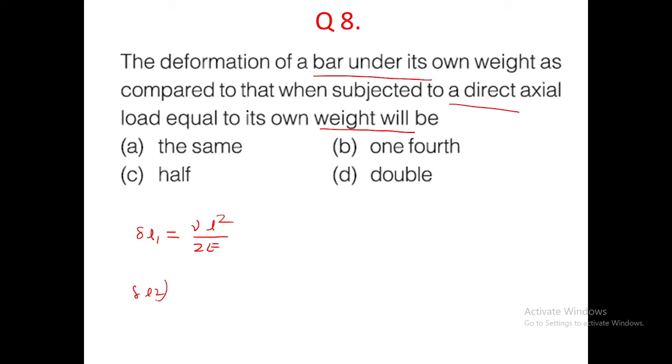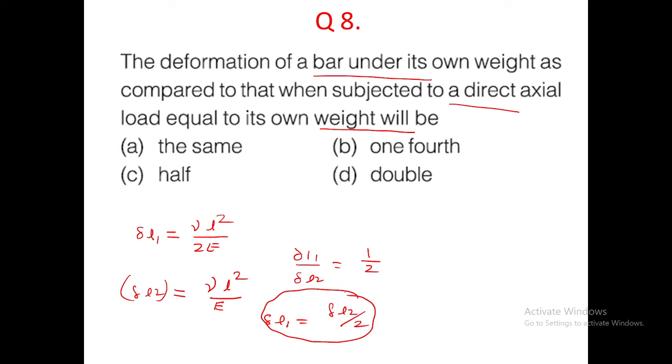Del L2 under axial load is specific weight into L square divided by E. So the ratio of del L1 divided by del L2 equals 1 by 2. So del L1 equals del L2 divided by 2. The ratio is half.